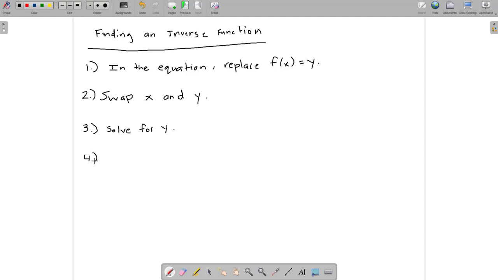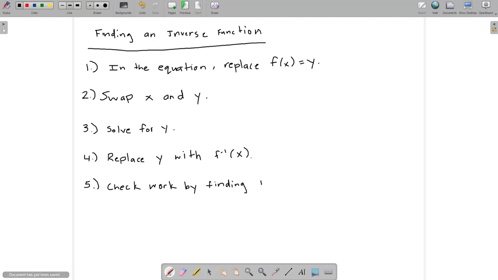And then you're going to want to replace y with f inverse of x. And then finally, you want to check your work, just to make sure you did everything correctly. Check work by finding the compositions.